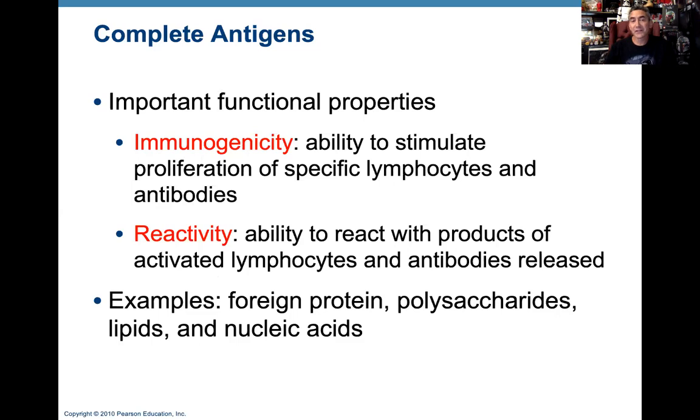In the process of recognizing complete antigens, if the antigen itself is immunogenic, that means it has the ability to stimulate proliferation of specific lymphocytes and antibodies. So in English, our immune system is able to recognize it, recruit more help. Let's get these white blood cells reproducing and start making these specific antibodies. So immunogenicity means that it triggers an immune response in the body.